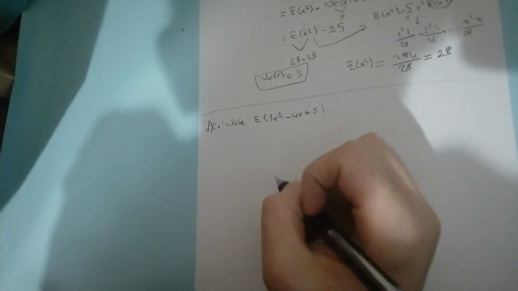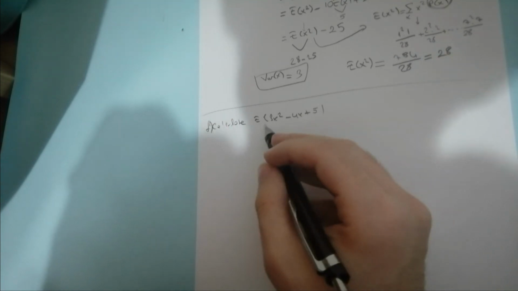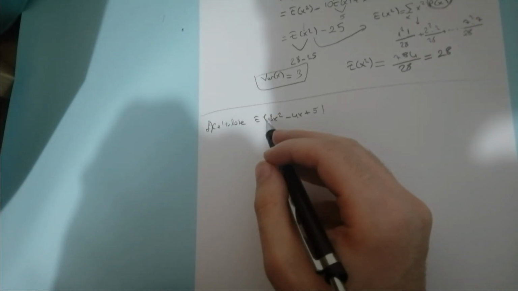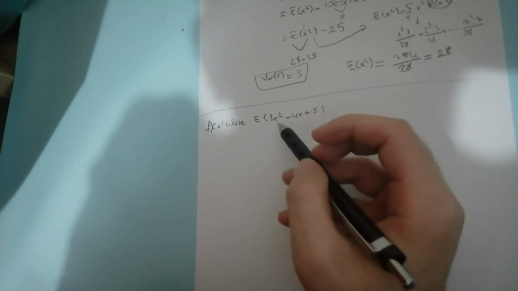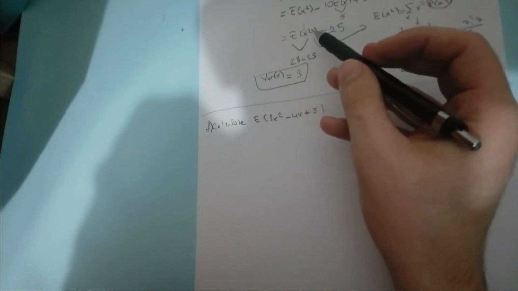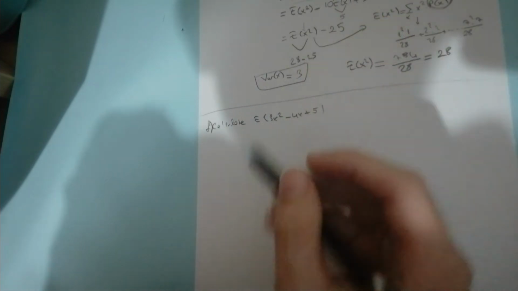And the last question is this. This is the last question, and actually from now on we can do that easily because we did the same process in this question here. As you see, it is the same thing.